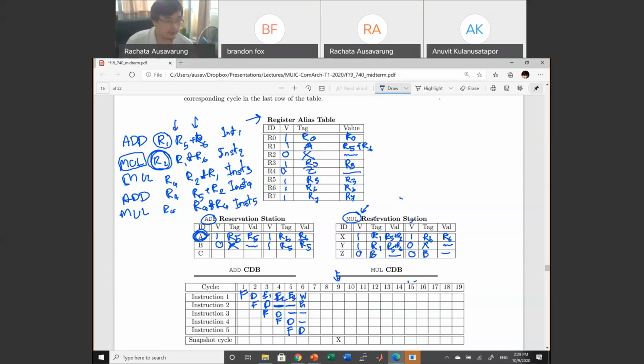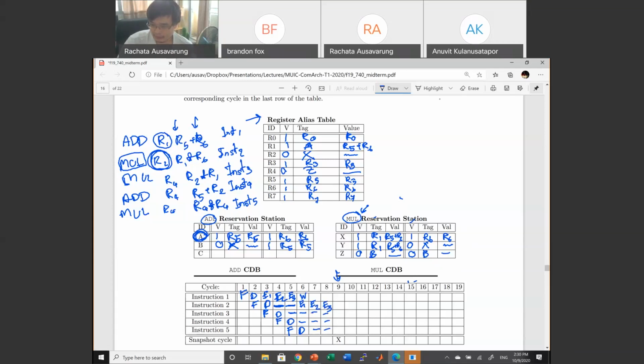Next cycle, cycle number 7, execute 2. You cannot do anything here. Then execute 3. You cannot do anything here.